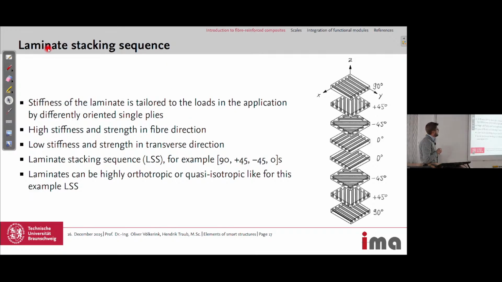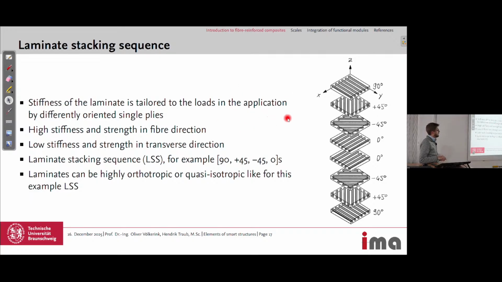For the laminate, we can then have a look at the laminate stacking sequence. The advantage of fiber reinforced polymers is that you can tailor the stiffness of the laminate to the load application in the use case.